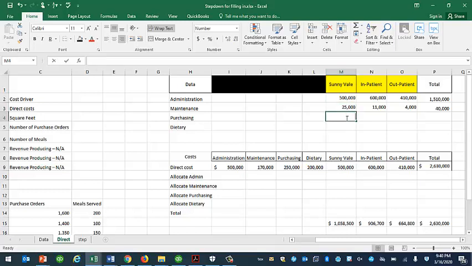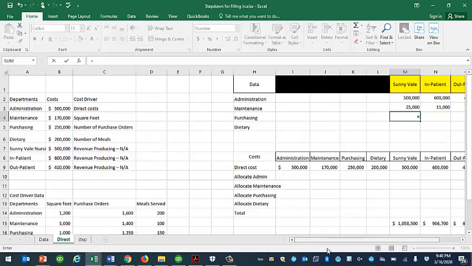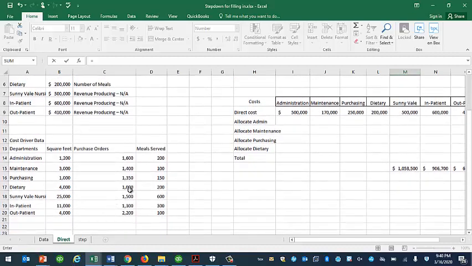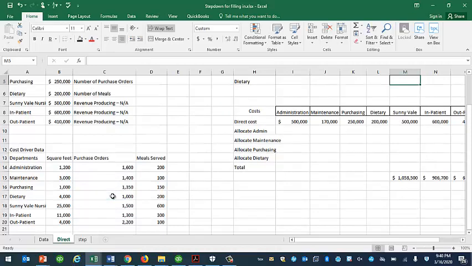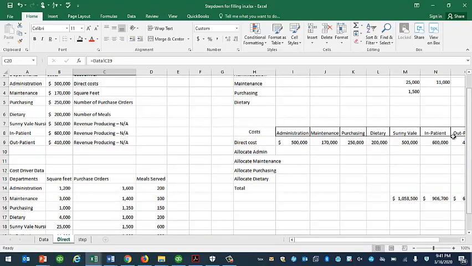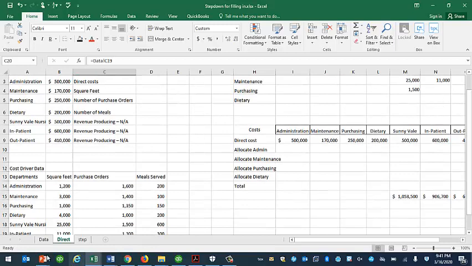Next, purchasing is based on the number of purchase orders, and for Sunnyvale that was 1,500. Even though the other way you could have done this would have been to use, where did I put that? I don't know where I put it.